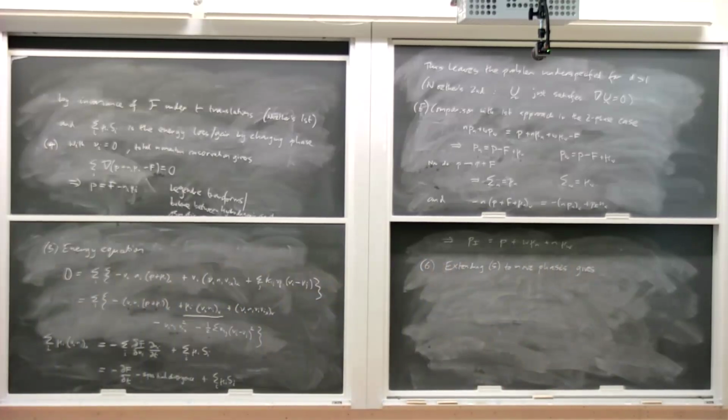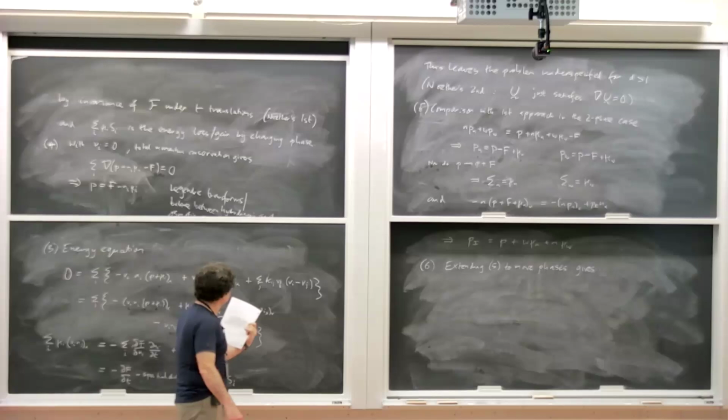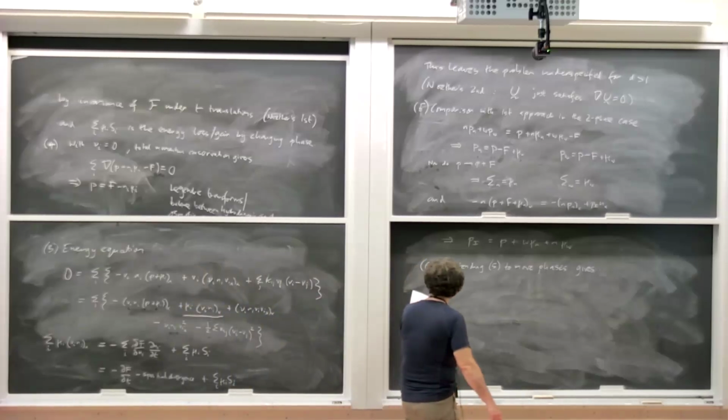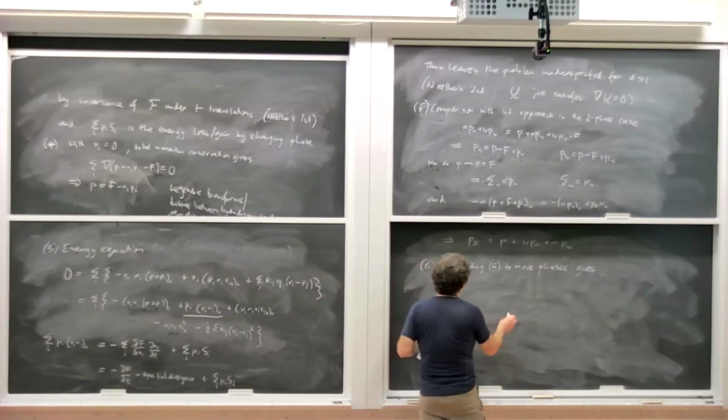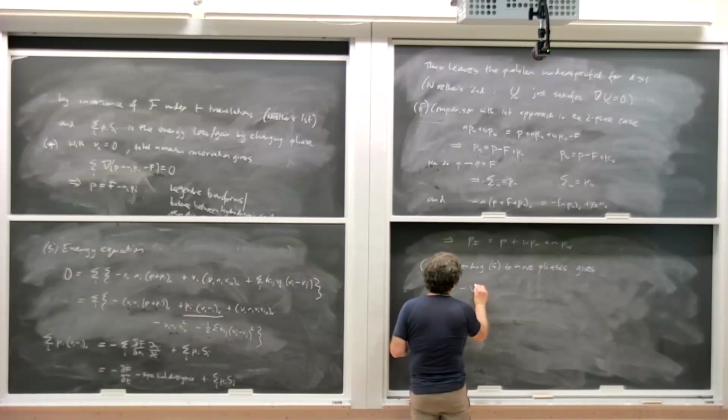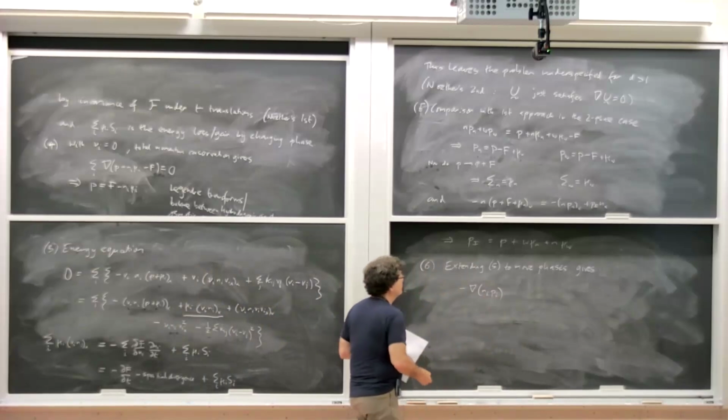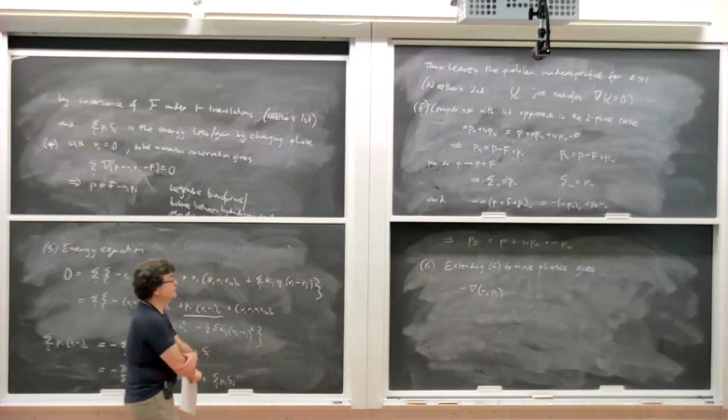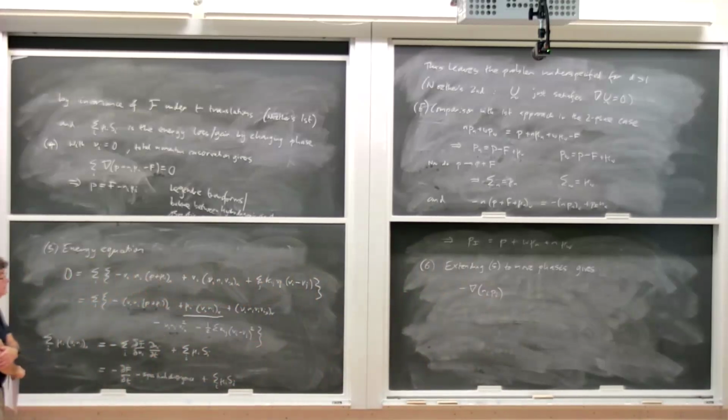I'm minded just to write down the answer, largely because I'm running out of energy, for which I apologize. So what do we get? We get minus grad, same kind of terms as before. Well, I had N times Pn and W times Pw before.